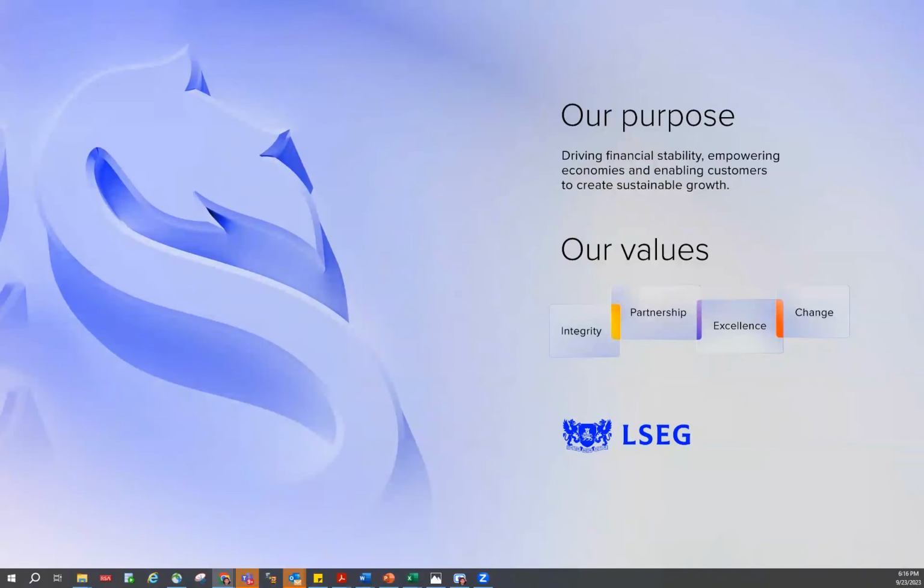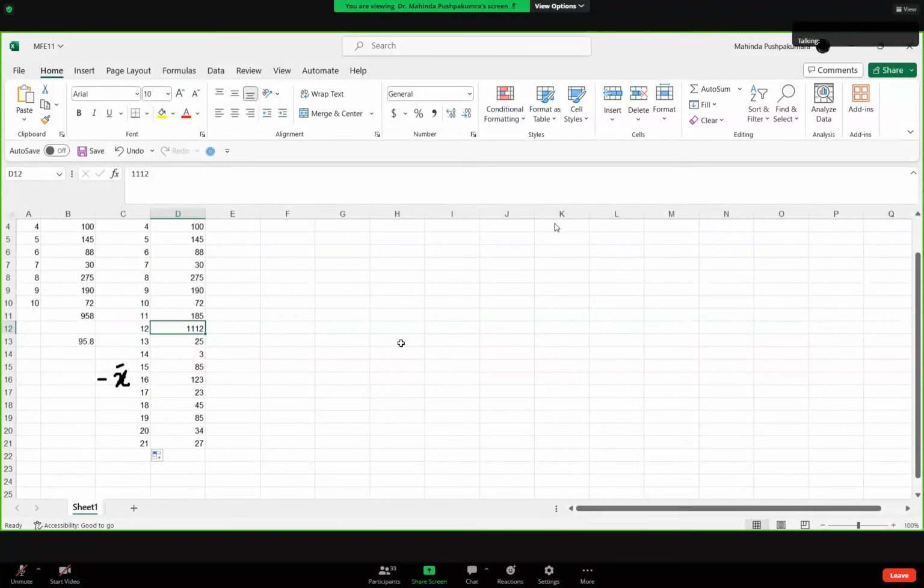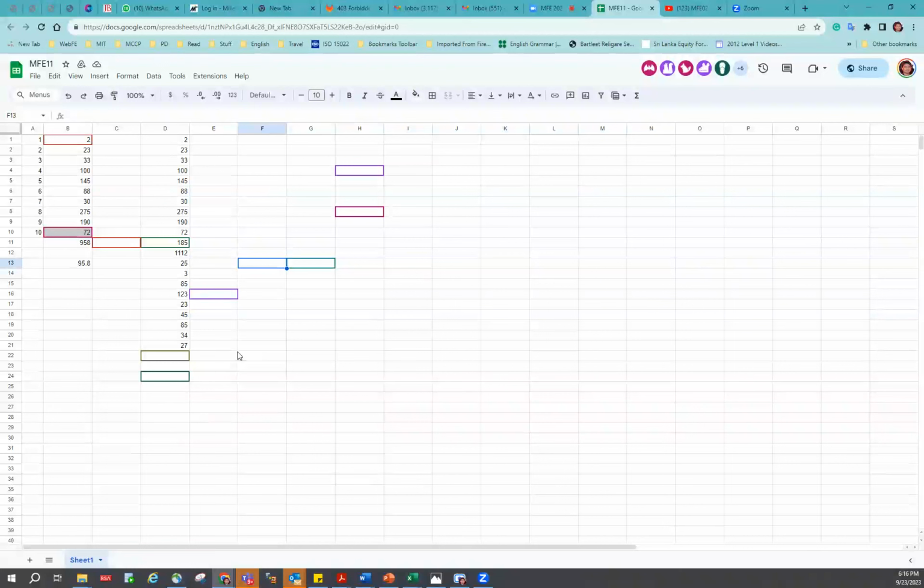1112. Is it a correct answer or is it a typing mistake? Please. Otherwise, it may distort our picture.